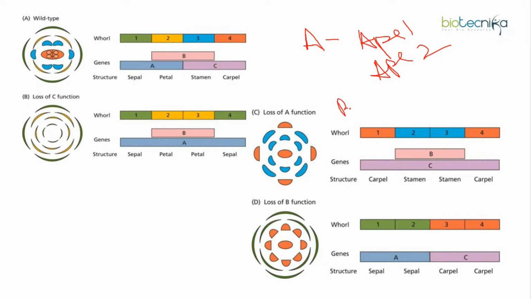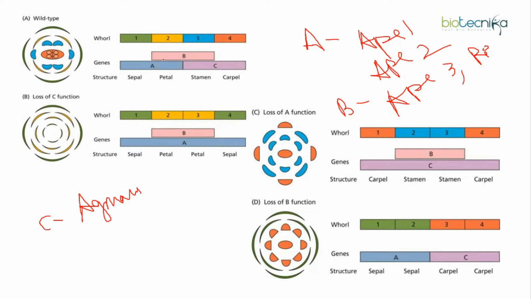Class B genes contain Apetala 3 and Pistillata. Okay? And class C genes contain Agamous. Only one.